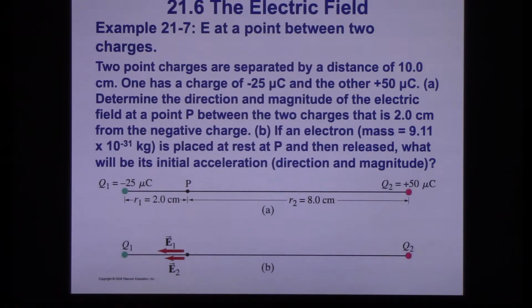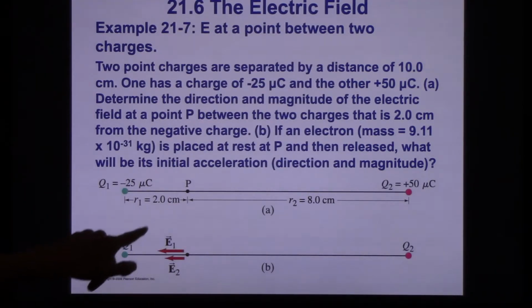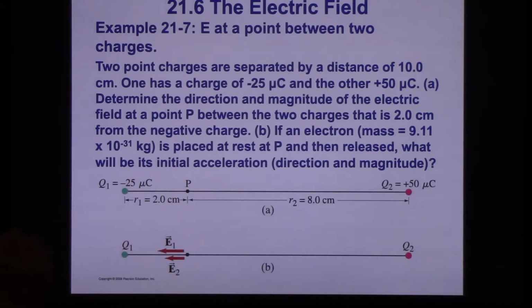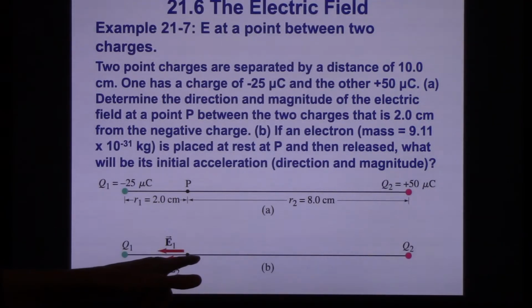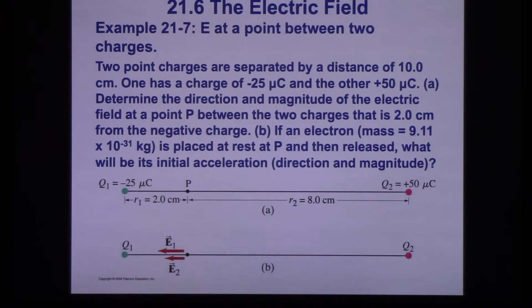So let's say that you get this much set up and you establish the directions and you say something like the E field will be in this direction. That might get you half the points right there without ever using a formula. So this part of the course is really, really important, and so conceptually setting up the problems counts for a lot on the midterms.